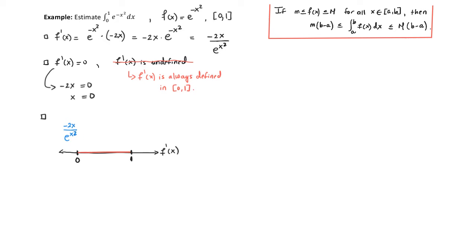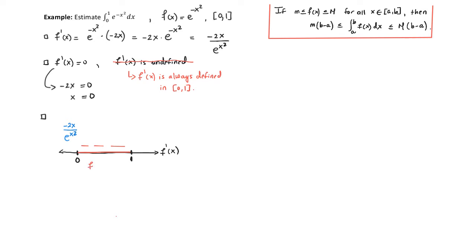So the sign of the derivative will completely depend on negative 2x. Since all x values between 0 and 1 are positive, if I plug in a positive value for x in the derivative, the numerator is going to be negative, and a negative over a positive is negative. So I know that the first derivative will be negative in that interval.